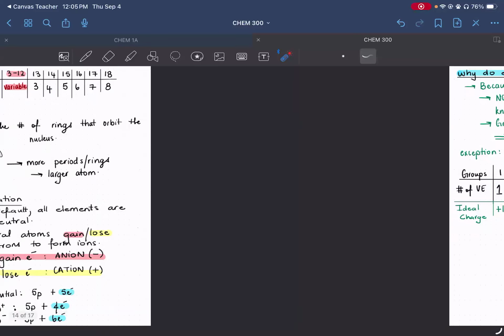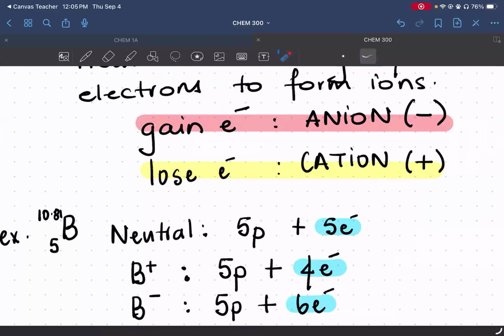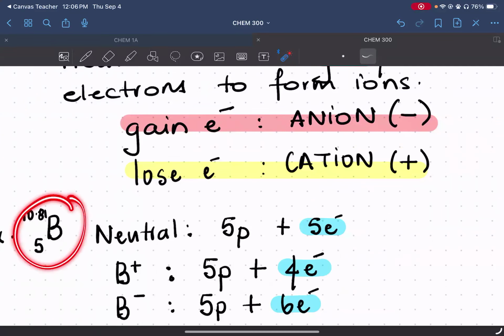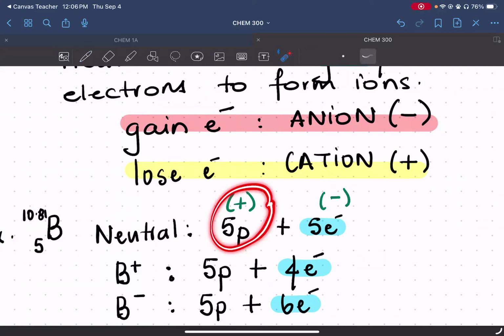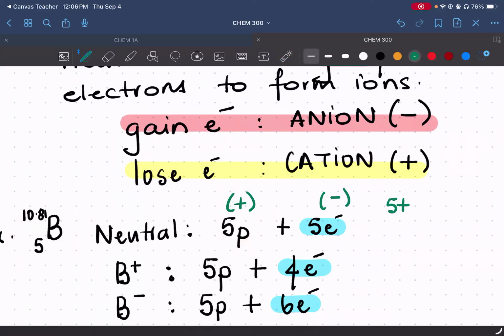Okay, so that goes back to thinking about the number of electrons and protons. If we take an example here with the case of boron, boron in its neutral form has 5 protons. We know that protons are positive, so that's 5 plus right there. It also has 5 electrons. We know that each electron is negative, so if we added them together, this is 0 overall. 5 plus added to -5.